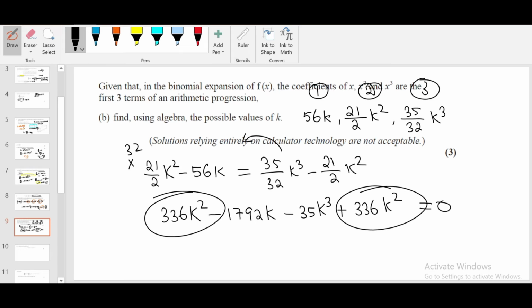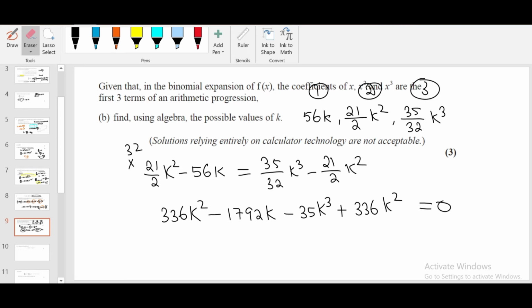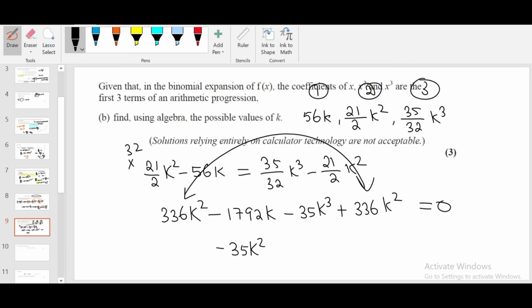So what I'm going to do is divide each and every term by k. So it becomes minus 35k square. You add these two, you'll get 672 plus 672k, and then minus 1792 is equal to 0, which is a quadratic equation.